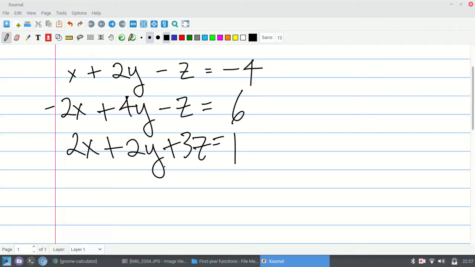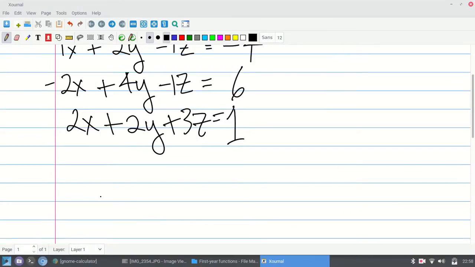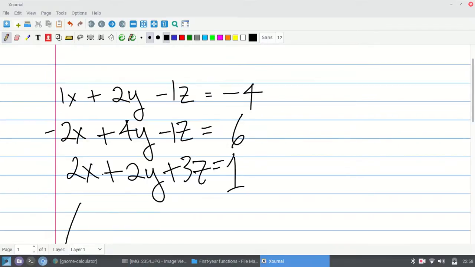The easiest way to do it is using matrices, and it's kind of like a little game, really, is what I like to call it. What you have to do is the following. You have to make a box of numbers. So instead of x, you put 1. Instead of y, you put 2, instead of z, you put negative 1. You replace that. And then you draw this box. It's going to be 3 rows and 4 columns.